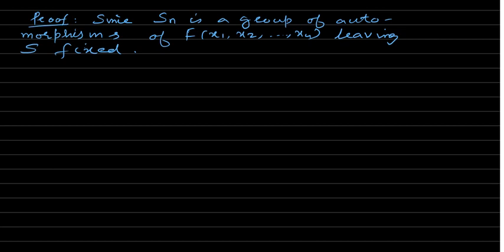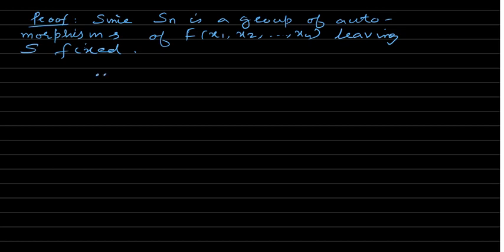F(x1, x2, ..., xn) is the field of all rational functions, but S is the field of symmetric rational functions. So it means that every member of Sn fixes S, क्योंकि Sn में ऑटोमॉर्फिज्म्स हैं और ऑटोमॉर्फिज्म जो भी है वो सिमेट्रिक फंक्शंस को फिक्स कर रही है. सो Sn का हर कोई मेंबर S को फिक्स कर रहा है.